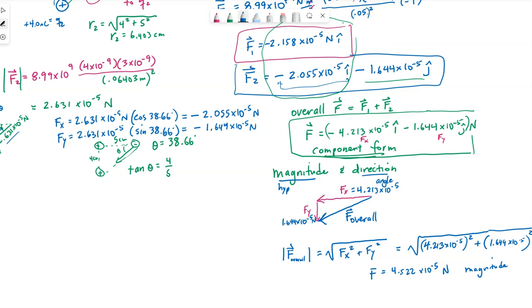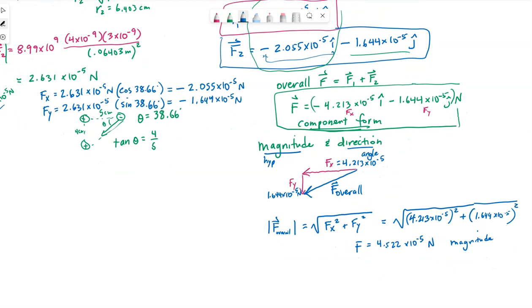The direction or angle, I can say that the tangent of this theta that I've drawn in this triangle representing the overall force, tangent is the opposite side, so the y component over the adjacent side, the x component.